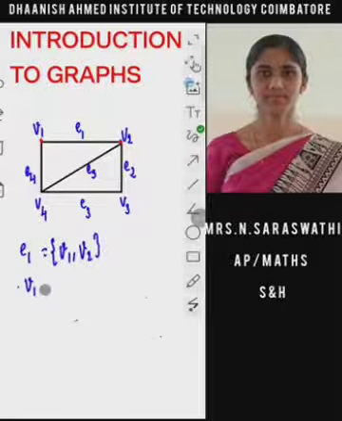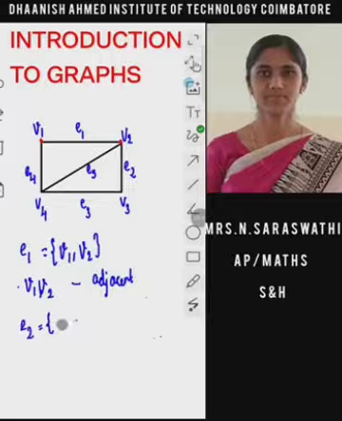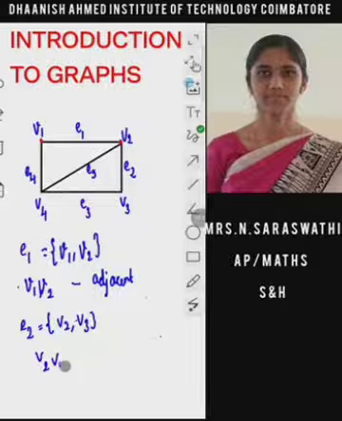Therefore, V1, V2 are adjacent vertices. Similarly, E2 edge is a pair of V2, V3. So, V2, V3 is adjacent.